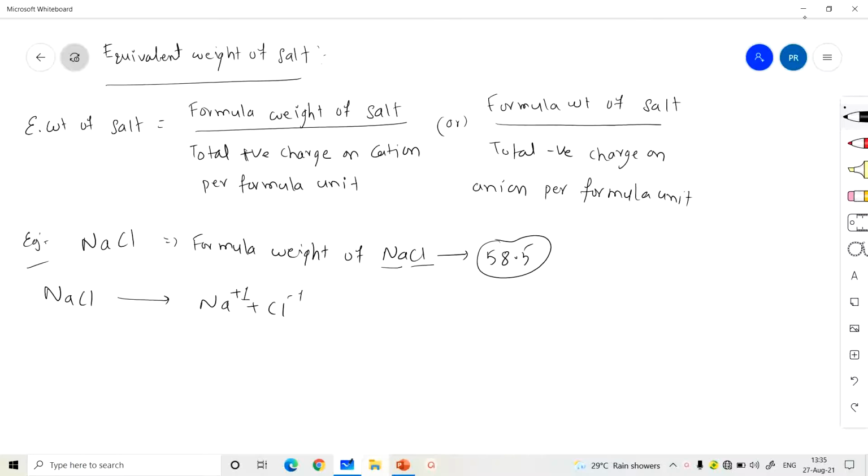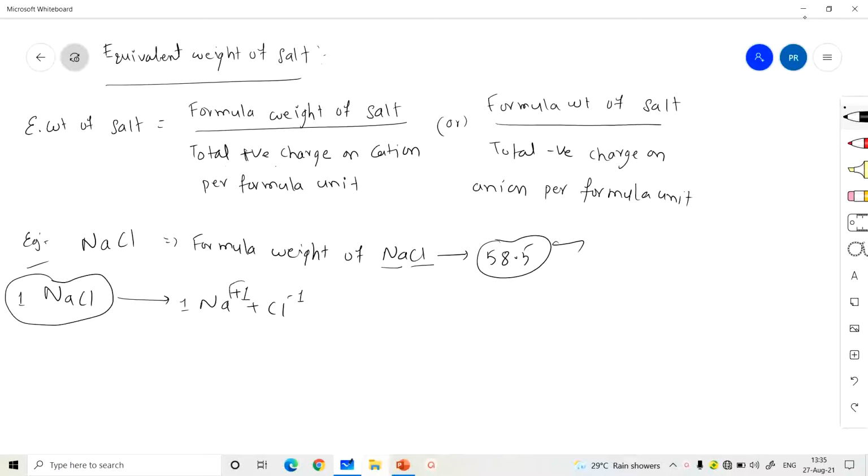So here total positive charge 1, total negative charge 1. Okay, now come to that formula. To the formula weight of the salt, that is 58.5, total positive charge on cation per formula unit. This is one formula unit.